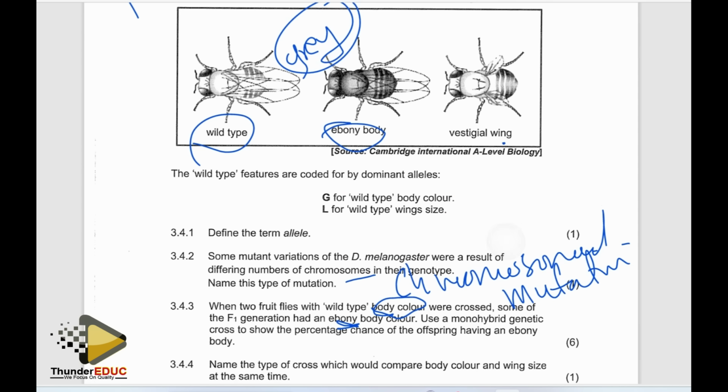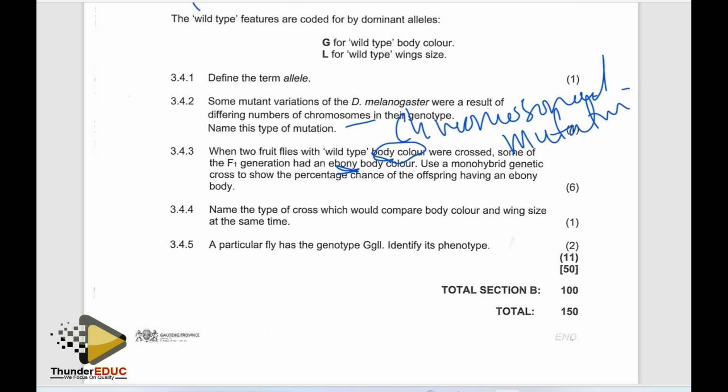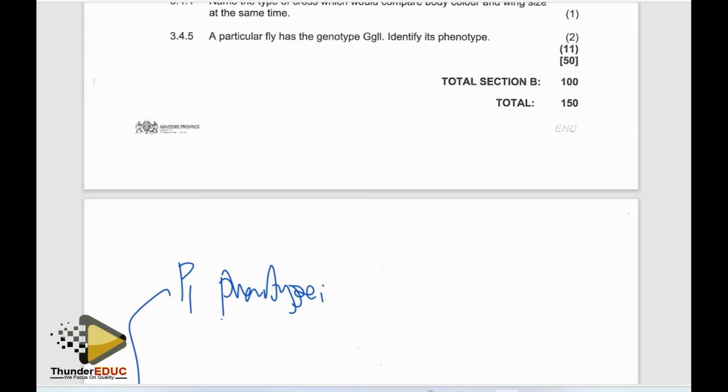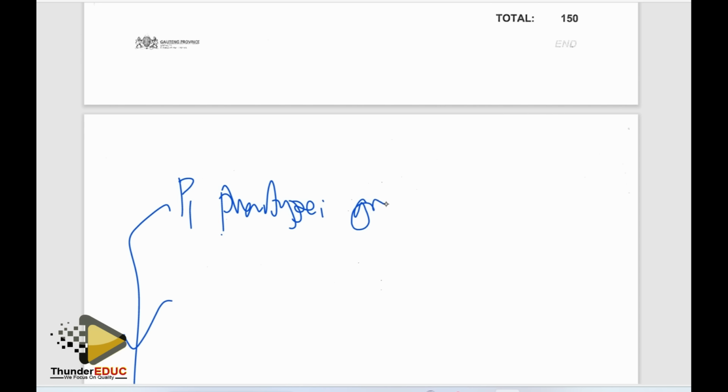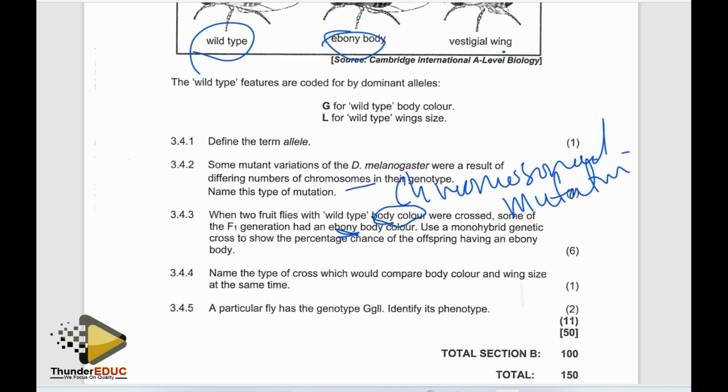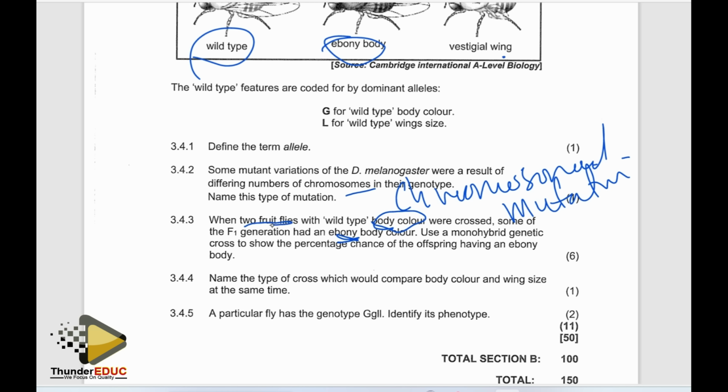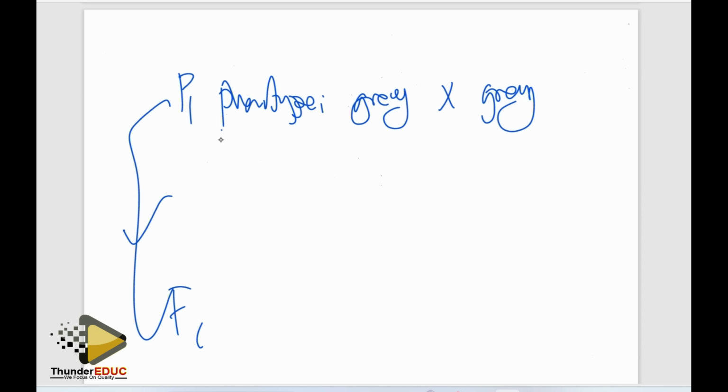We look for the phenotype, and I told you that we get it from the question. It's wild type, which is gray color of the Drosophila melanogaster, because they said two fruit flies, wild type.